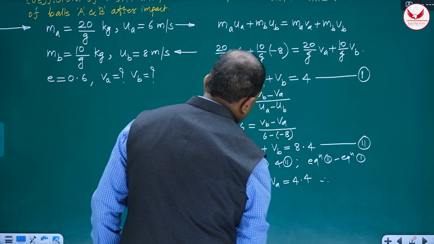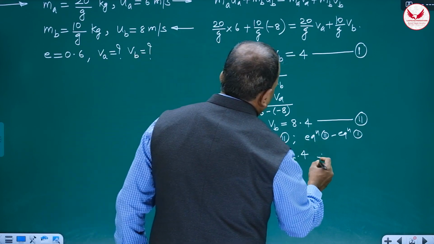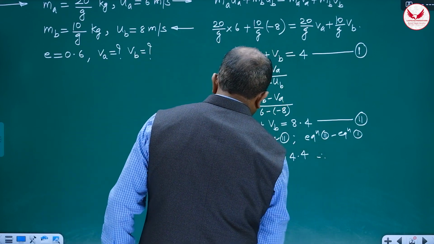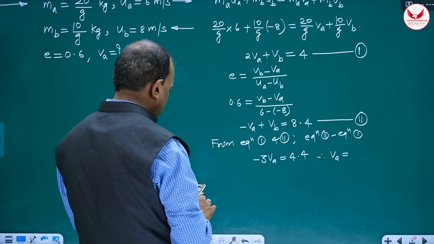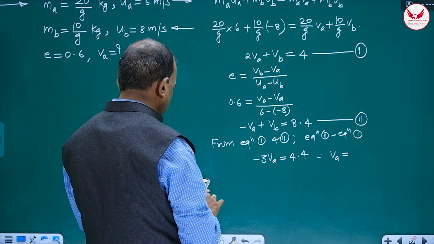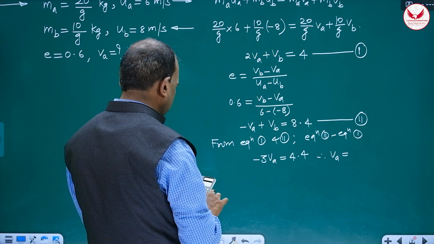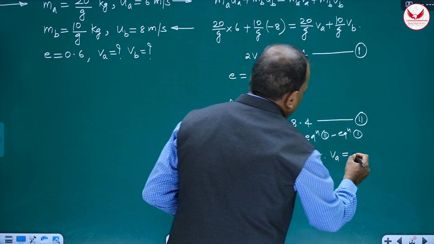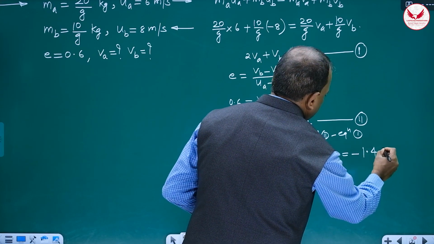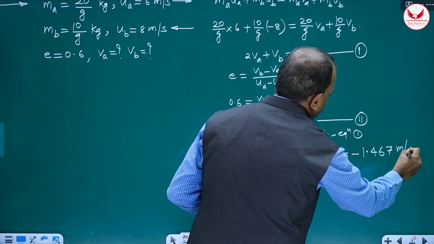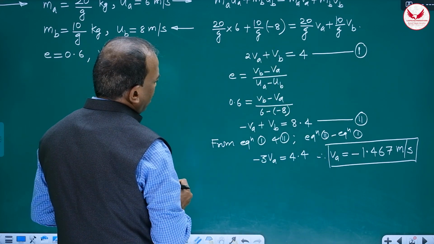Hence VA is equal to 4.4 divided by 3, it is going to be minus 1.467 meters per second. This is the velocity of A. Minus means towards left.